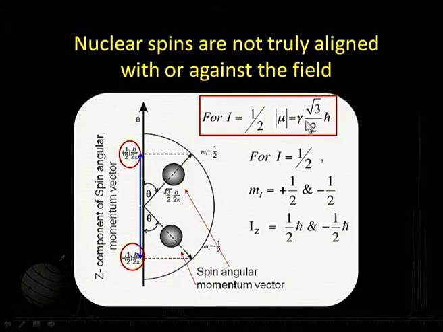Now such a vector when oriented like this will be such that the projection of this on the z axis happens to be half ħ, and that is what is quantized here. So this means it is plus half here, and minus half in this orientation. So this is a z component which is quantized. That means the spins are aligned at a certain angle in such a way that the z component happens to be plus or minus half ħ.